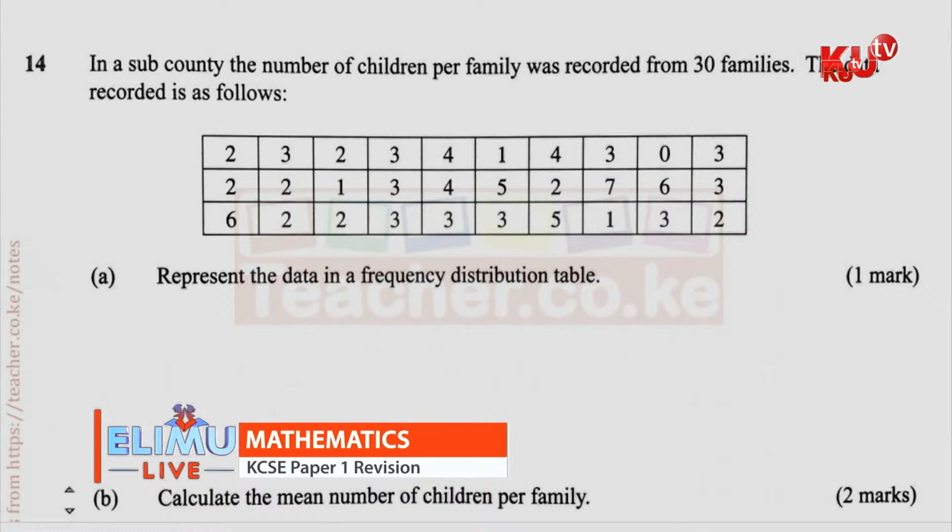So let's look at how many families had 3 children. You get that we had 10 families with 3 children. When you count, 3 is appearing 10 times in that table. Then with 4 children, we only have 3 families. 5 children, you have 2 families. When you proceed, that's how you'll fill that table.